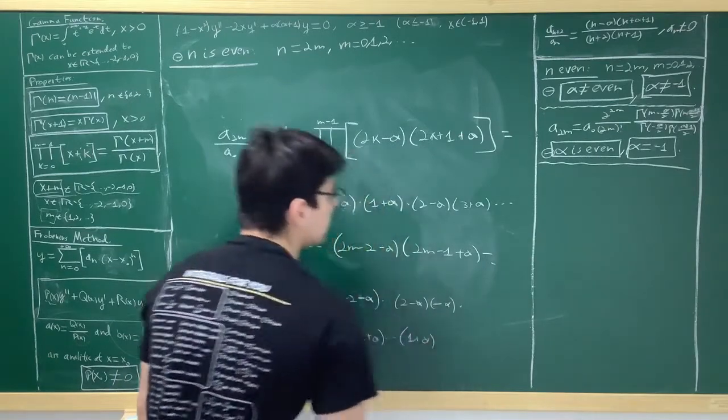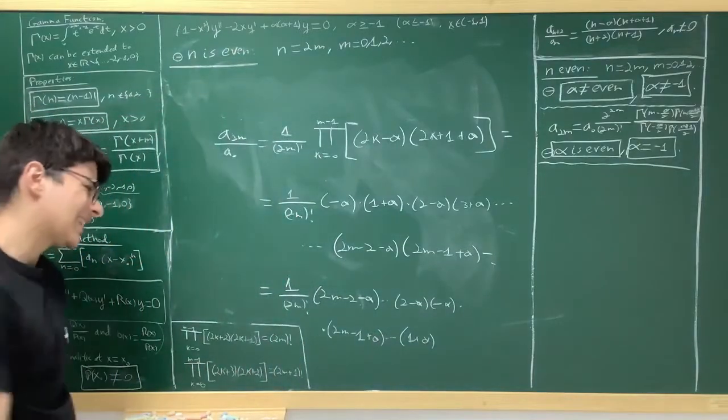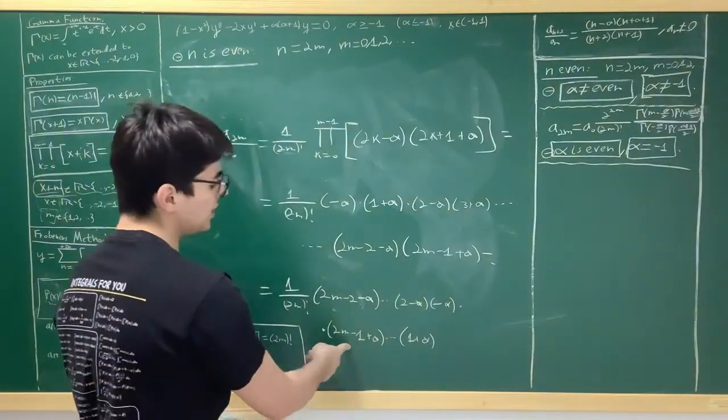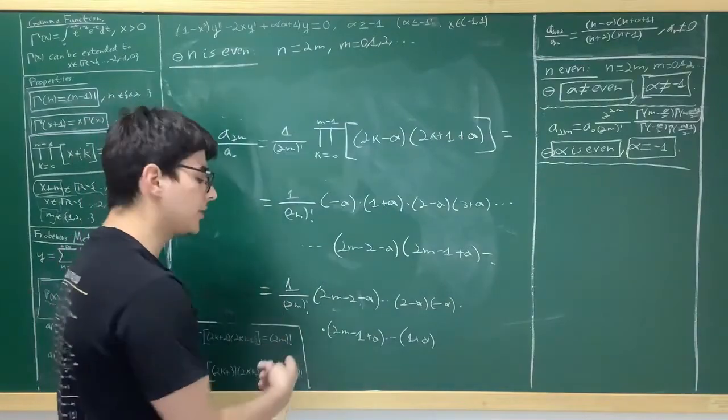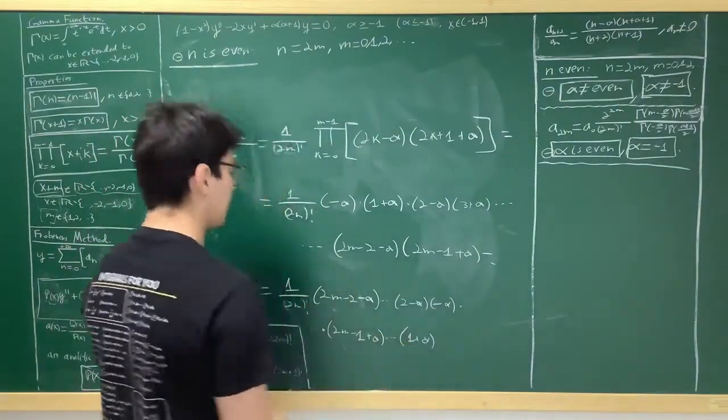What does it mean? We're starting at 2m minus 1, and we subtract all the odd terms: 2m minus 1, 2m minus 3, 2m minus 5, until we get to 1.